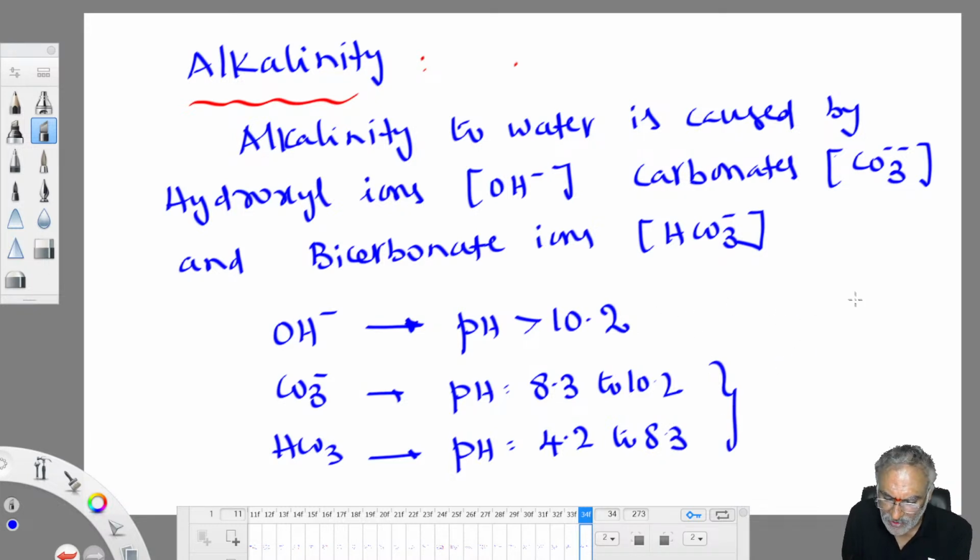When OH minus contributes, the alkalinity from carbonates and bicarbonates is negligible, and vice versa. So all three together do not contribute significant alkalinity; two of them may, but not all three.